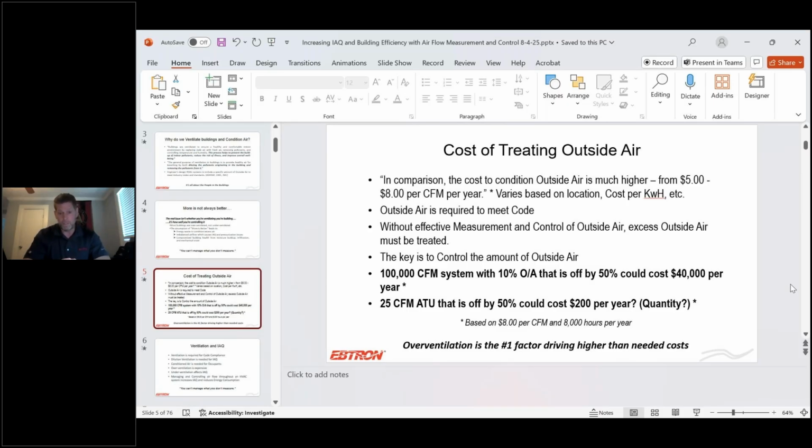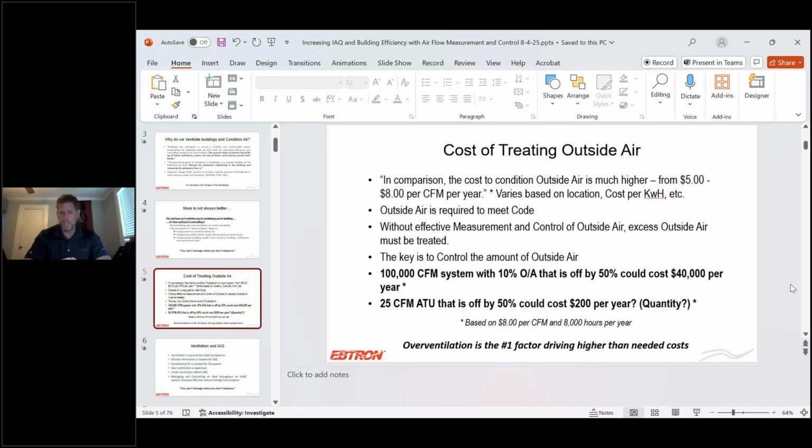Why? Basically because of the cost. Imagine a 100,000 CFM air handling unit, which is not that uncommon, and the engineer designed it with 10% outside air for proper dilution ventilation, as well as pressurization of the building.